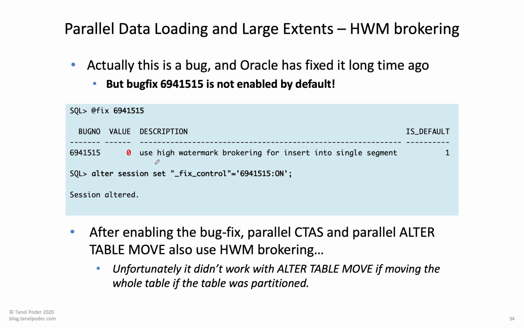The parameter was true, so that high watermark brokering was used for CTAS as well. However, this fix was disabled for some reason. It worked for insert appends, but for CTAS and alter table move this fix was disabled. Oracle had fixed it a long time ago, but for some reason it was disabled.